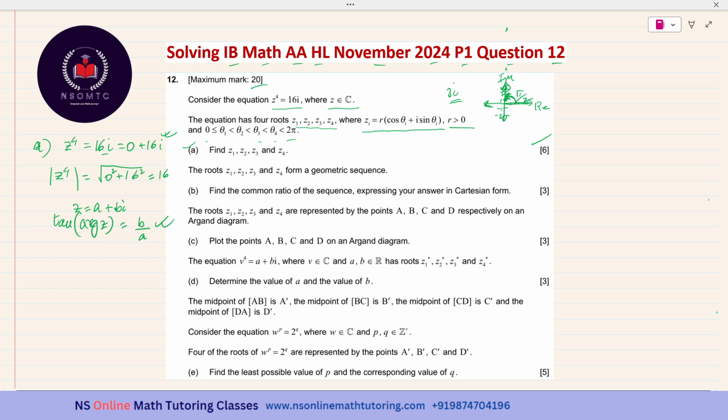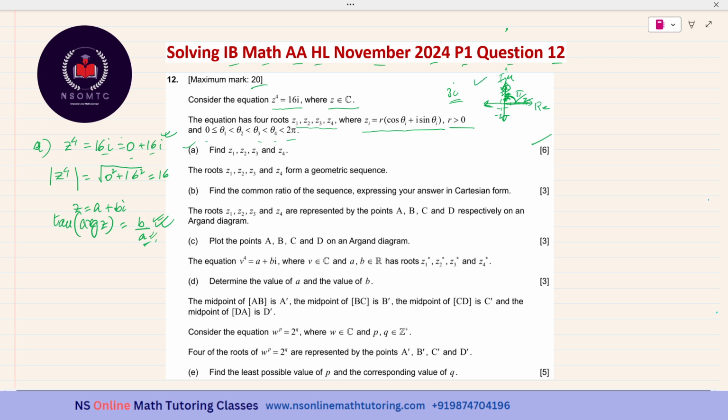But if you use this same formula for this case, b will be equal to 16 and a will be equal to 0, and you cannot have a 0 in the denominator. This is where the confusion arises. How to get the argument, because next they will be taking the tan inverse. As soon as they see that there is a 0 in the denominator, they stop. They cannot find the argument.